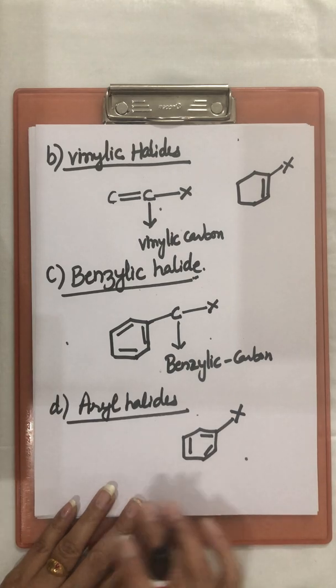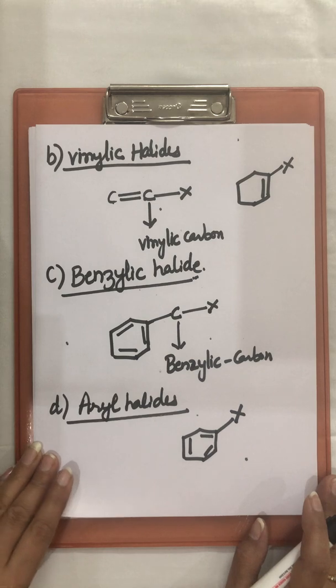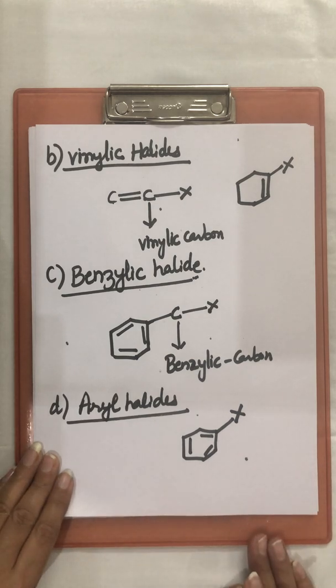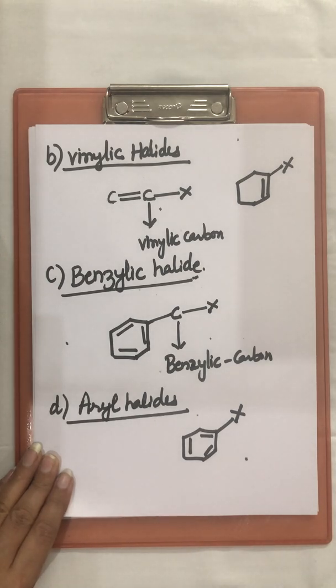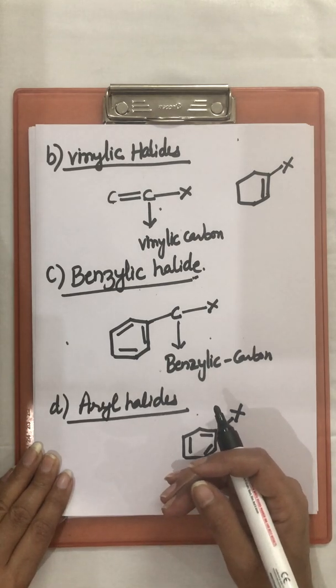So this is a classification of the haloalkanes and haloarenes. There are three ways to classify them. First classification is based on number of halogen atoms. Second classification is based on halogen linking to which carbon, primary, secondary or tertiary.